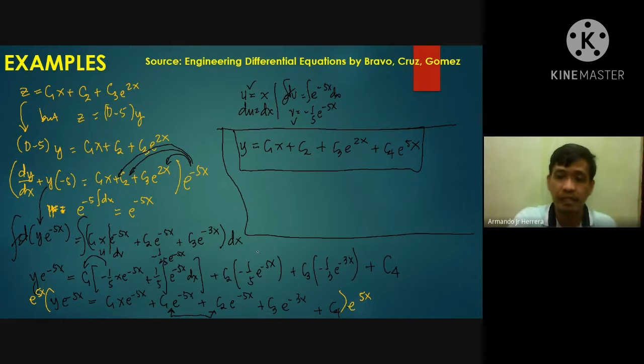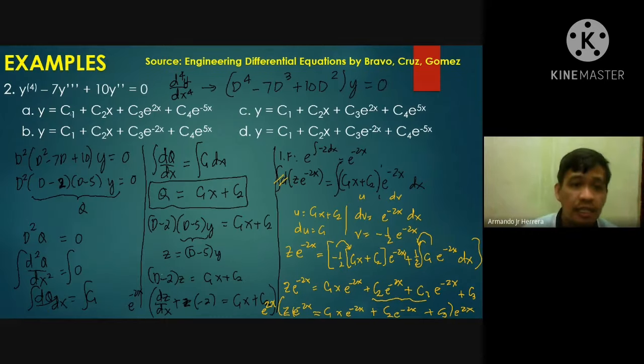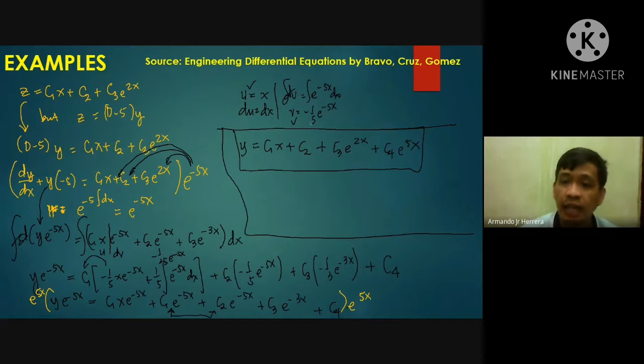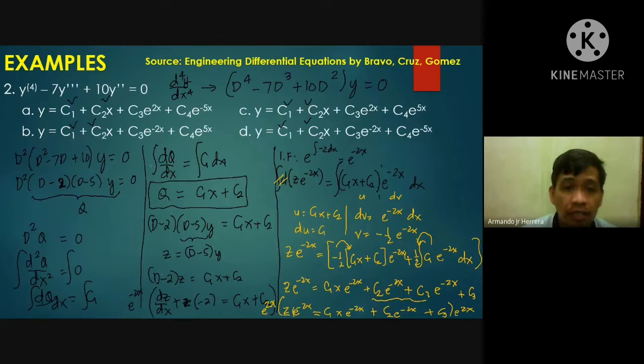So C1x plus C2. So check ang ating C1x tsaka C2. So check lahat. Ang ating exponent ay parehas na positive 2x at saka 5x. So positive 2x, positive 5x.